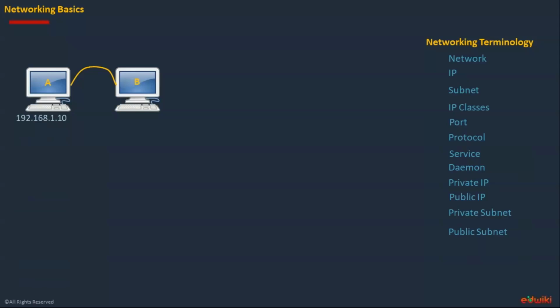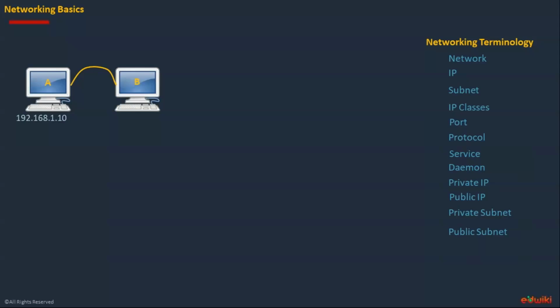Whenever the servers are in a communication, in order to identify the destination server, the server must be assigned a unique number called an IP address. This IP address is used as an identification number to identify that particular machine in the network.